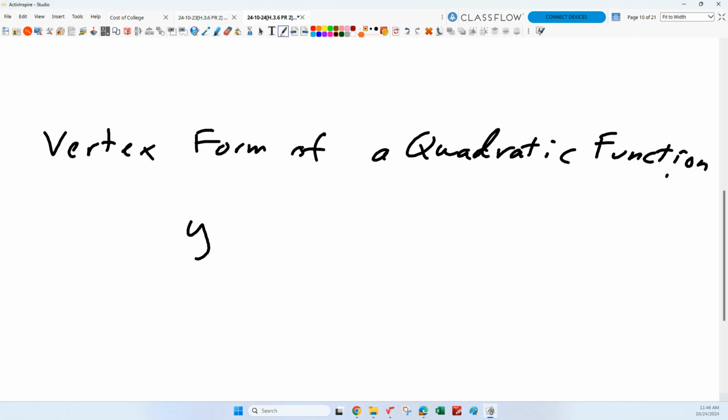It was y equals a times the quantity x minus h squared plus k. I promise you. What did you know h and k represented? Well, at the time, you didn't know anything about transformations, right? You just knew that it was the coordinates of the vertex, maybe, right, when you talked about it. You didn't have to know anything about transformations.